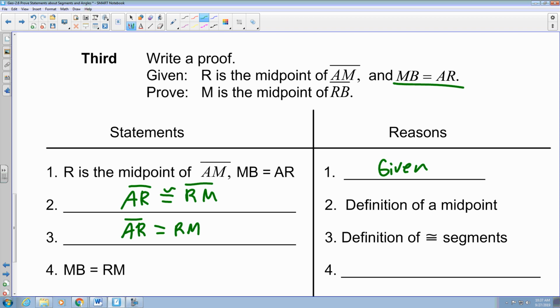So this is like our hypothesis, and this is like our conclusion. And now our conclusion from the first statement is the hypothesis of the second statement. Now we can say that the first statement, MB, which is right here, is equal to the second conclusion statement, which is RM. That comes from the transitive property.